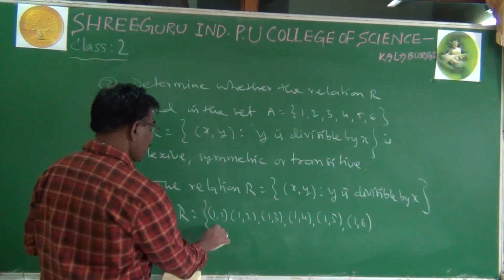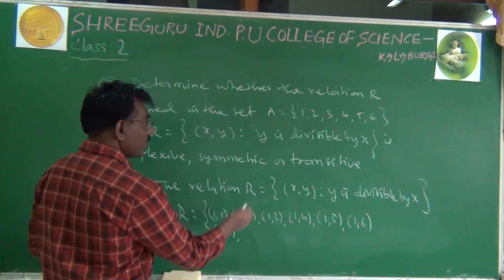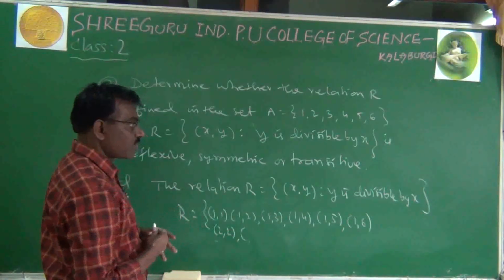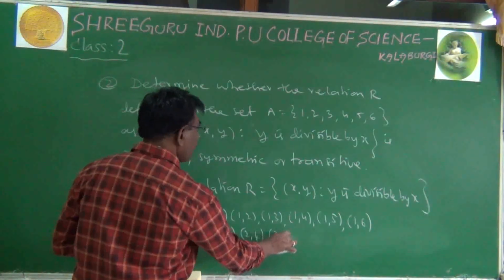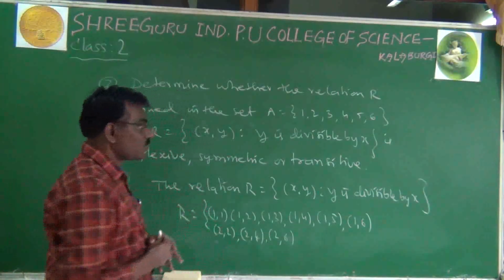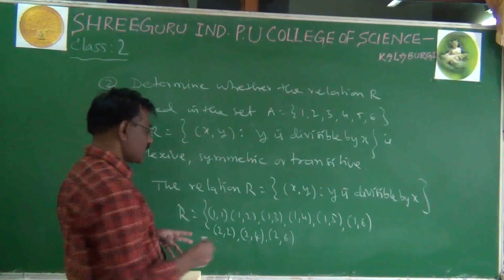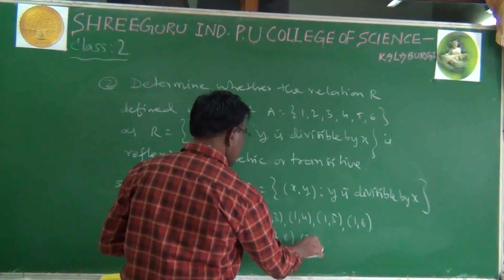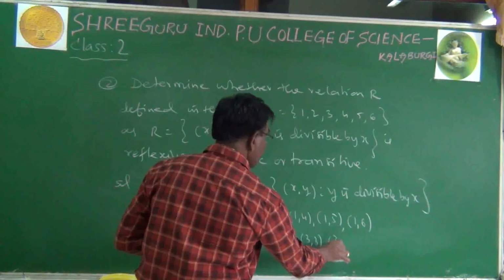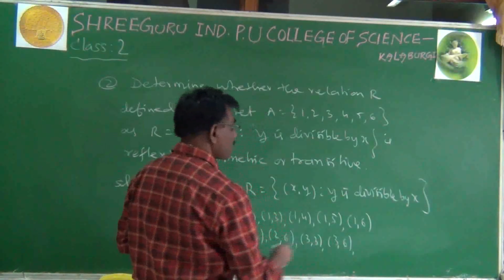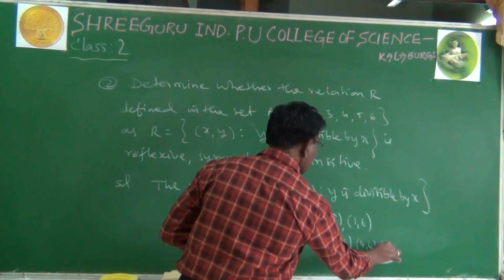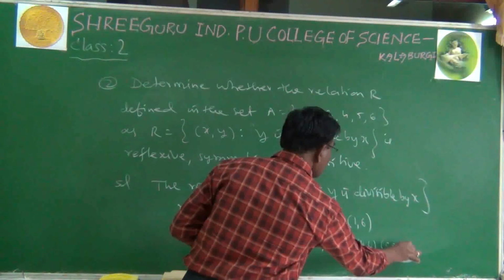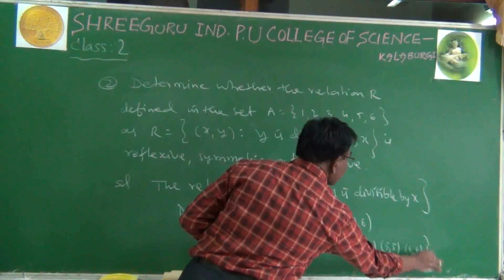Then 2 divides 2, not 3, then (2, 4), (2, 6). So (2, 2), (2, 4), (2, 6). Next, (3, 3), (3, 6). Then (4, 4). Then (5, 5), (6, 6).